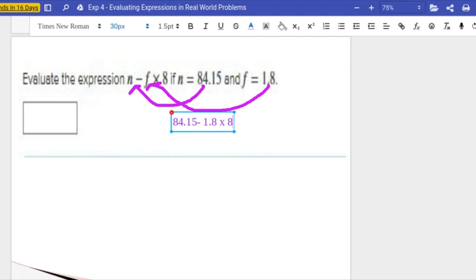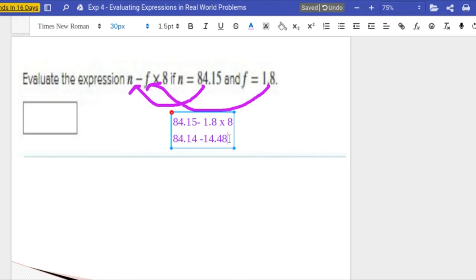Now I need to follow my order of operations, so I need to multiply first. I'm going to do 1 8/10 times 8 first, and I get 14 and 4/10. So I have 84 and 15/100 minus 14 and 4/10.